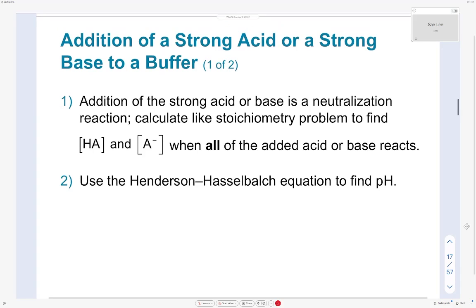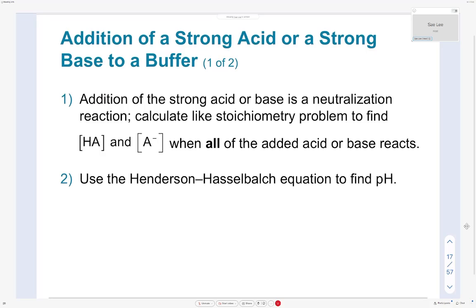Now let's take a closer look at what actually happens when strong acid or strong base is added to a buffer solution. In previous slides we've learned that if you add strong base to a buffer, the acidic component will step up to react with the added hydroxide, which will slightly change the pH of the buffer.